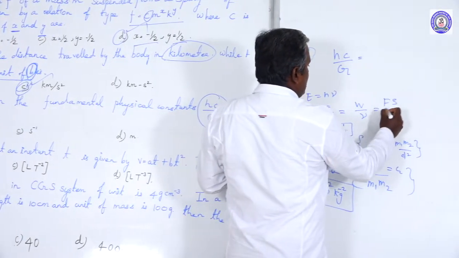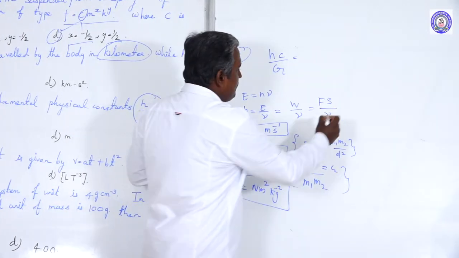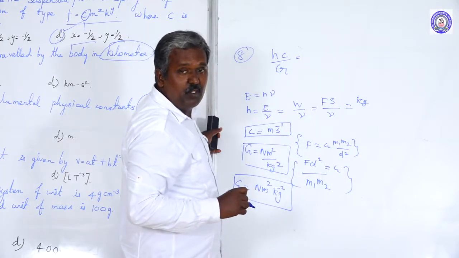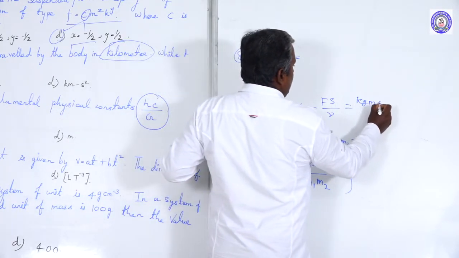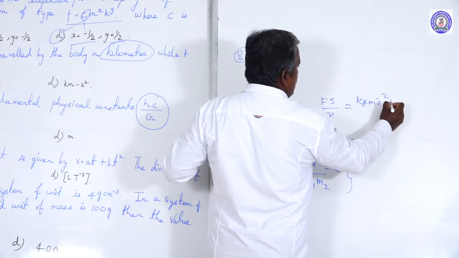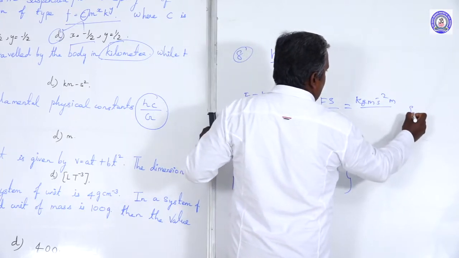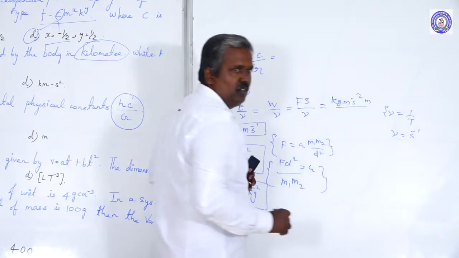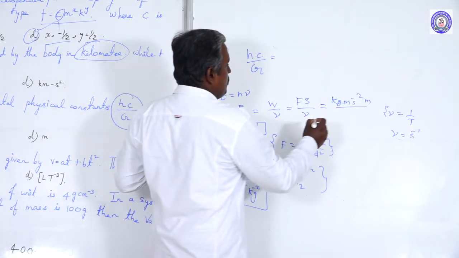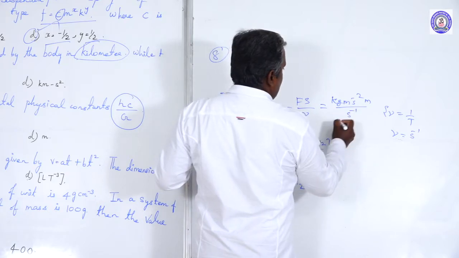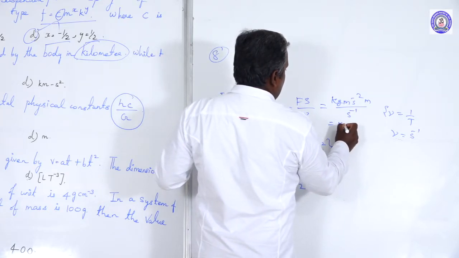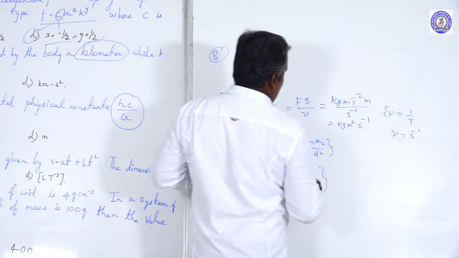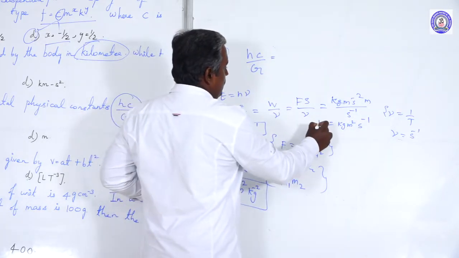Work done is equal to F s, divided by the frequency. For F, ma, so kilogram meter per second square. What is s? Displacement, so meter. What is frequency? Nu is equal to 1 by T, so second inverse is the unit for frequency. So the unit is kilogram meter square s power minus 1. Clear? This is for h.